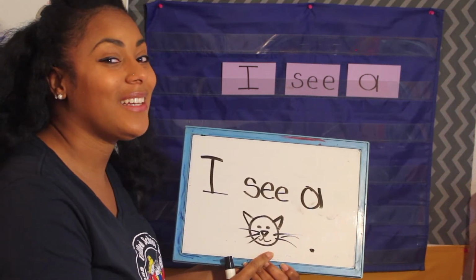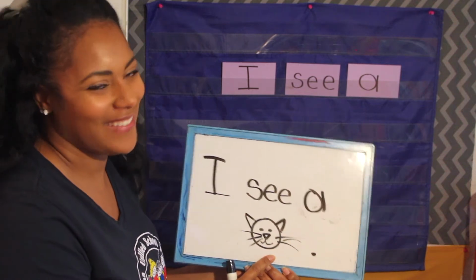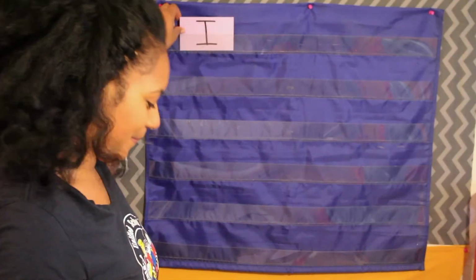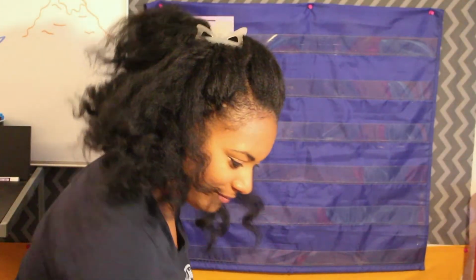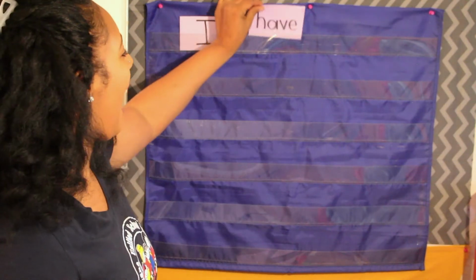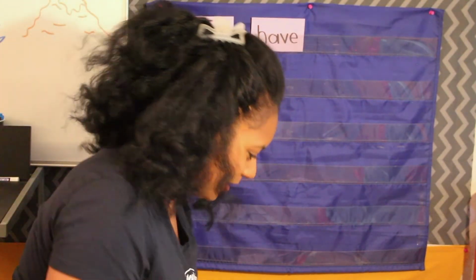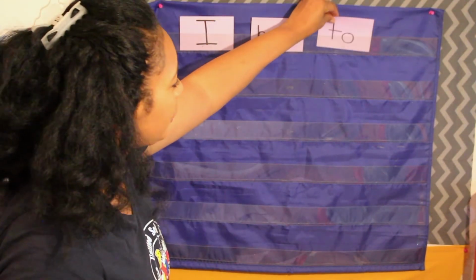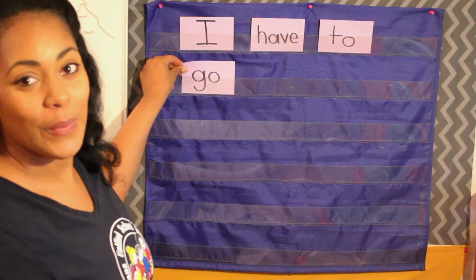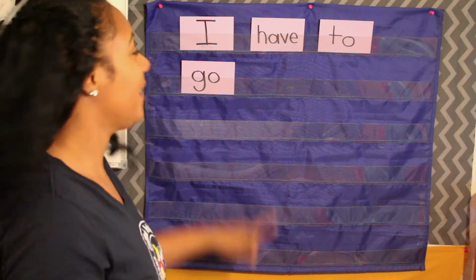Can we get a little bit harder? I think we can. All right, for our last sentence, I'm going to use the word I, have, to, go. Let's practice reading what we have so far.